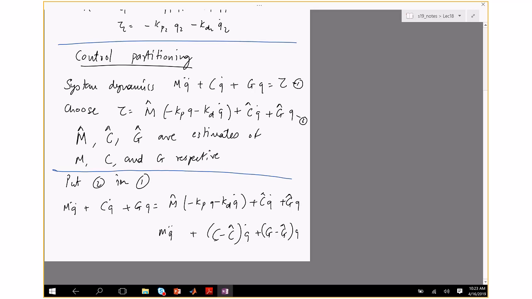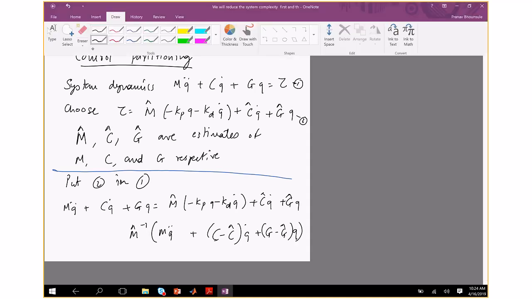So I've only taken these terms to the left side. I have this, and then this I keep as it is. And then I'll have to invert this M, so multiply both sides by M hat inverse. So I would have M hat inverse multiplying this whole thing. Let me move it to the left.